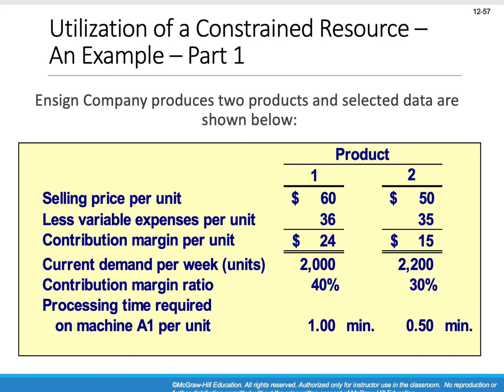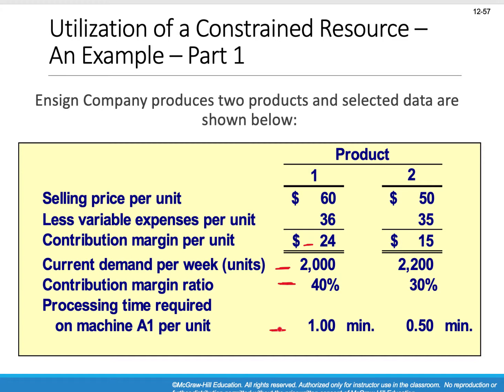So let's look at an example. Here we have some production information for 2 products, 1 and 2. Notice we have the selling price, the variable cost, the contribution margin, the amount of demand, the CM ratio, and the amount of time it takes us to produce product 1 and product 2.